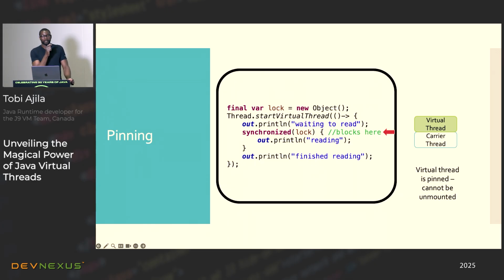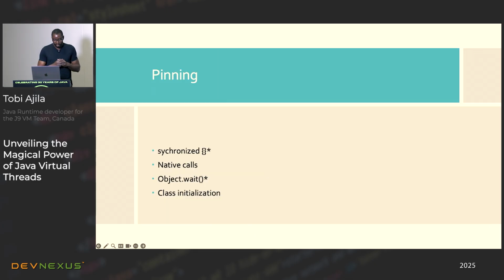So when the monitor becomes free, it notifies the queue, and then the virtual thread can be mounted again. So if you're using any of the previews or JDK 21 all the way to 23, this is the behavior where the virtual thread pins. Starting in JDK 24, which will be released later this month, this no longer causes pinning. So pinning, as I said, occurs with synchronized blocks, but no longer in JDK 24.